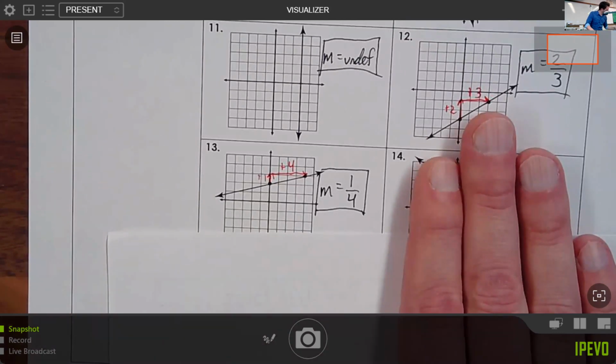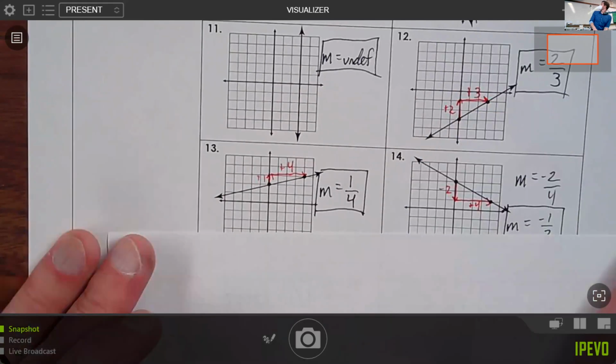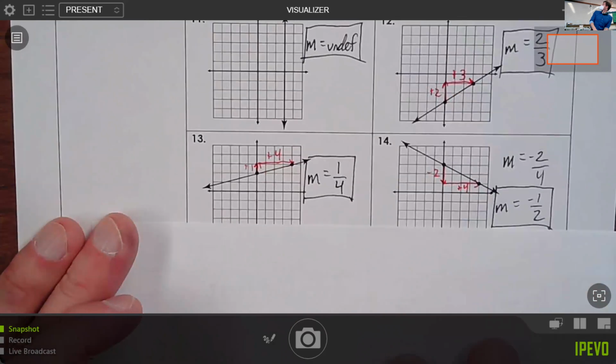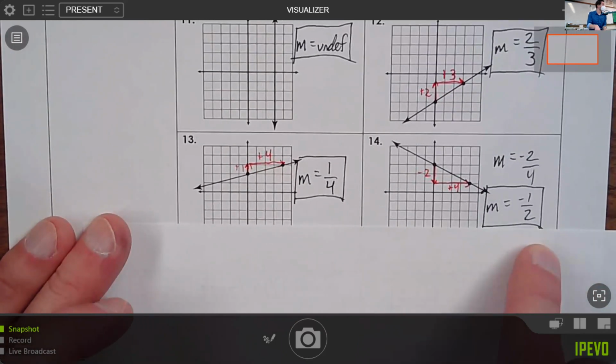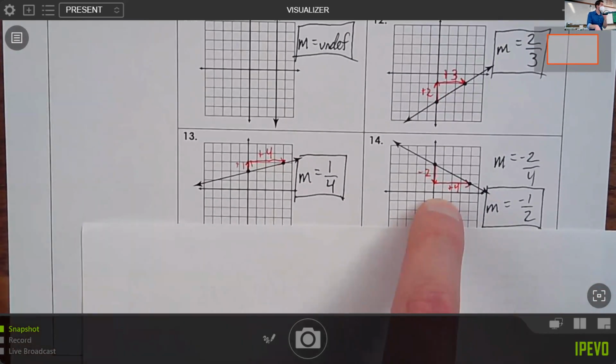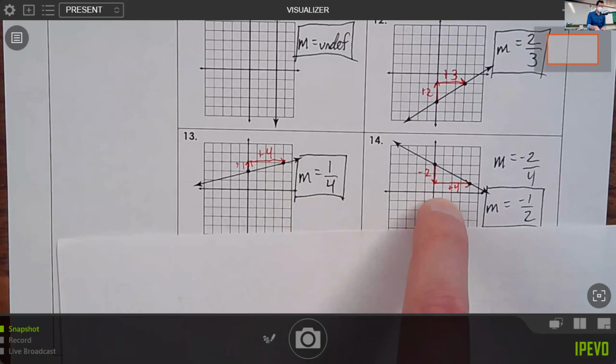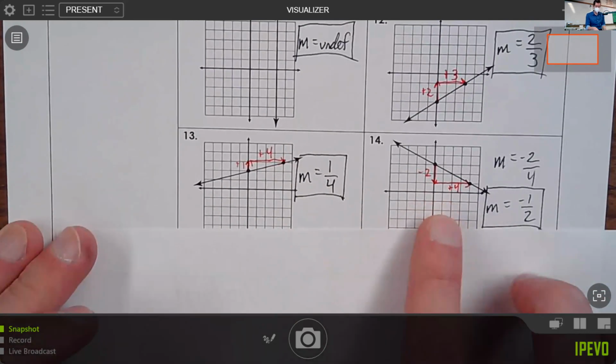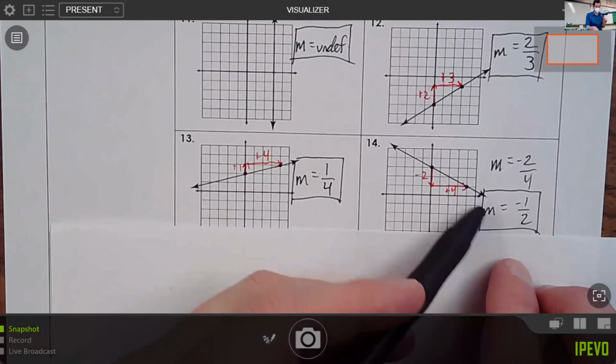Caden, number 14. -1/2. Nice. So if you're working on this initially, you got -2 over 4 to start with, I'm guessing. If you have -2 over 4, that's not wrong. It just needs to go one more step to simplify it. Just make sure that you can bring that down to -1/2.